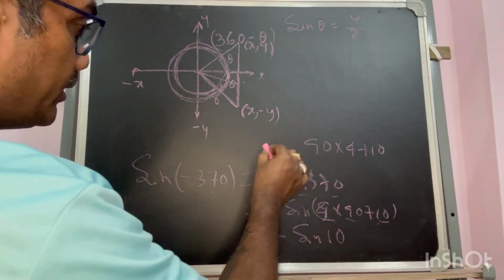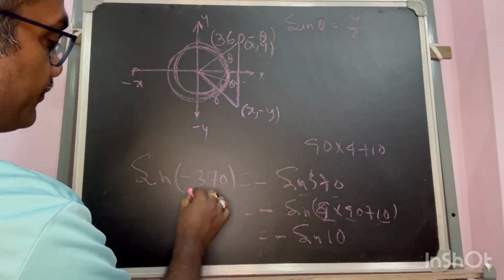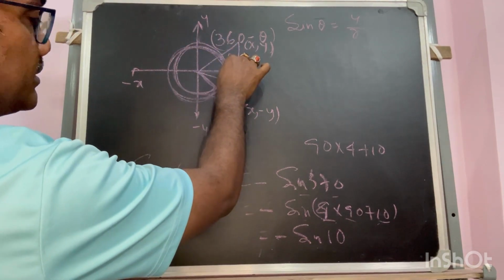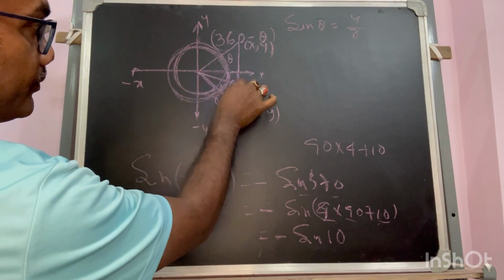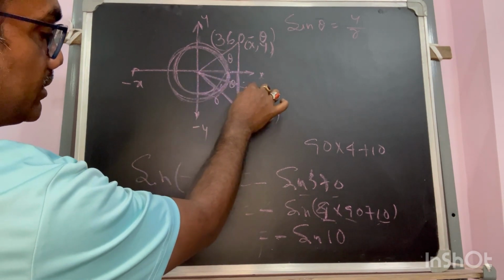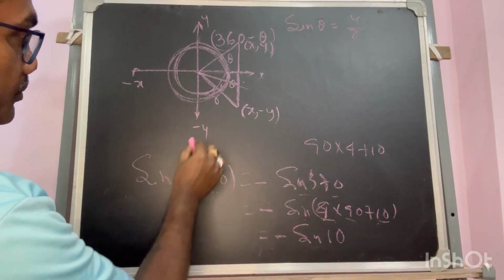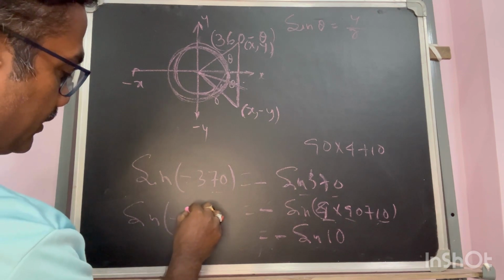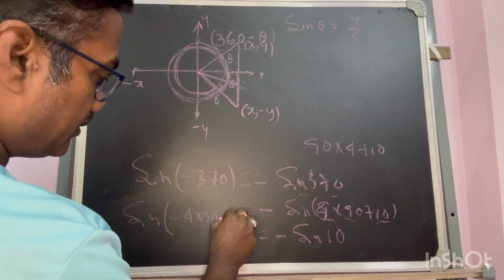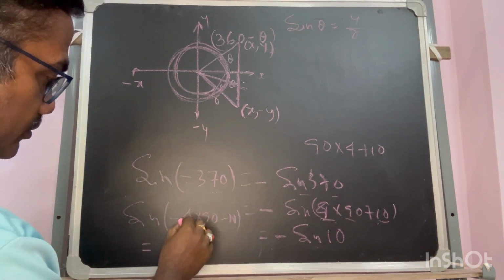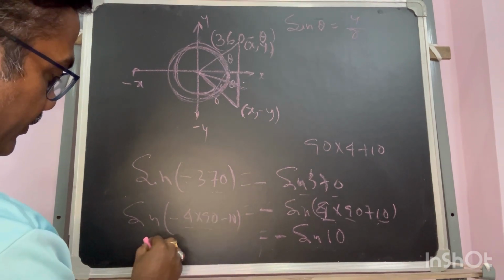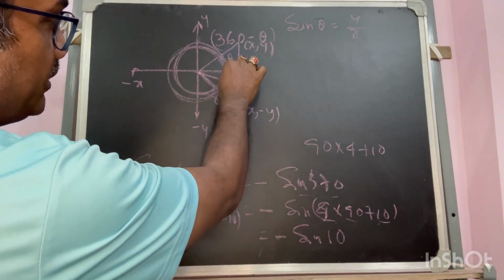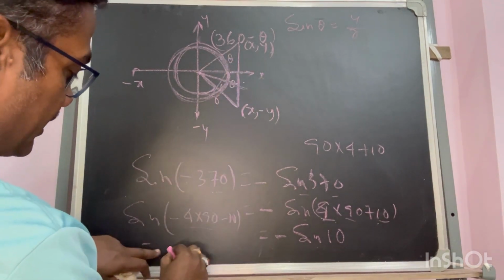What I am making you understand in the other way, if it is minus 370, I want to read it as moving 370, then 10 degrees. Now if I consider it this way also, this could be sine of minus 4 into 90 minus 10. Ultimately the 10 degree is coming, so sine will be sine.